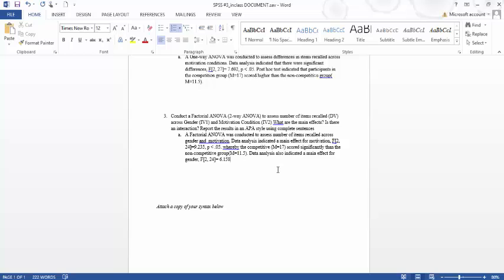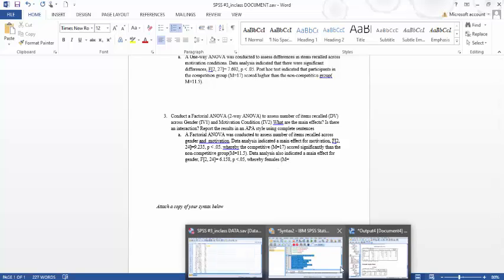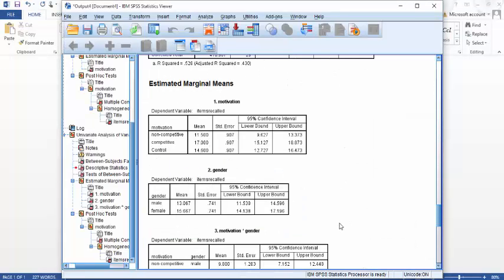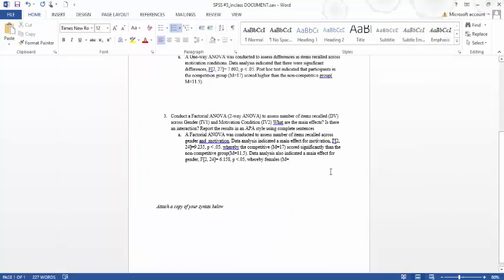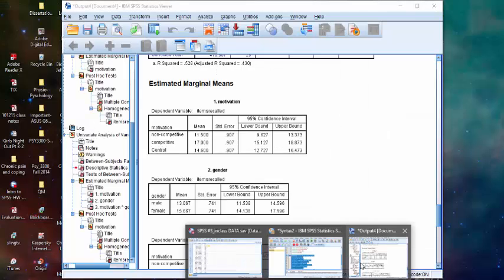P is also less than 0.05. Whereby females, and our mean items recalled for women was 15.67, scored higher than males. We had a mean of 13.07.